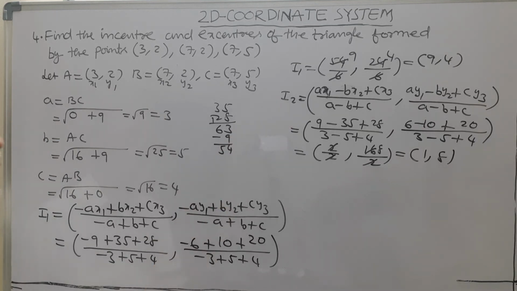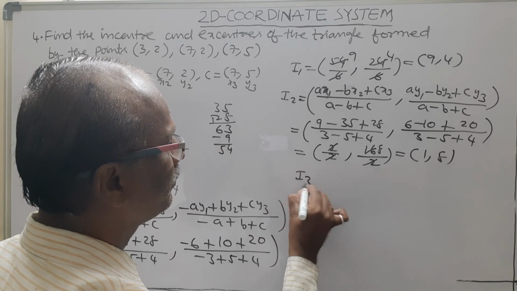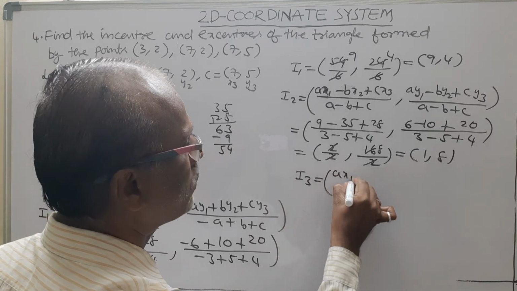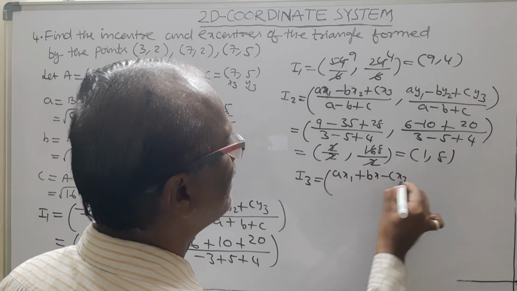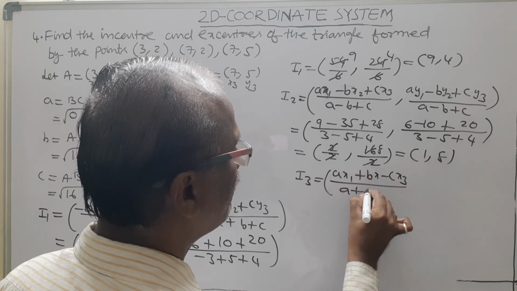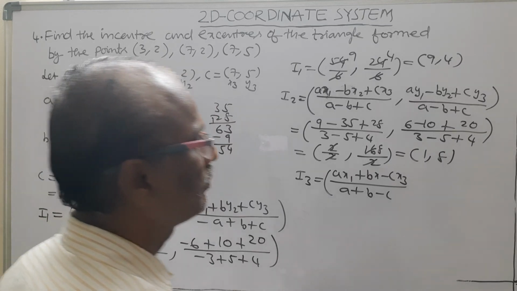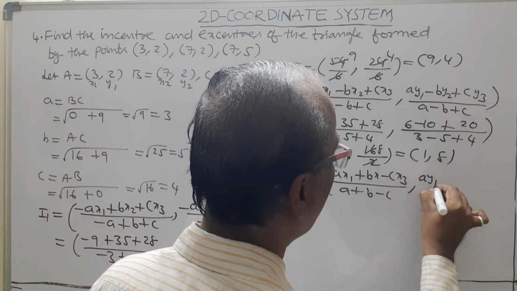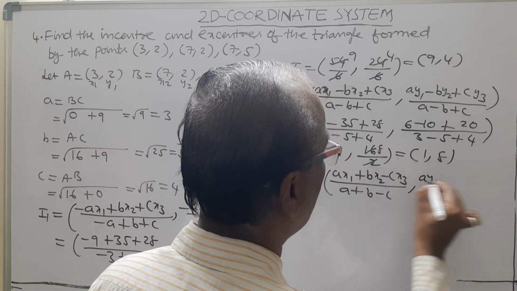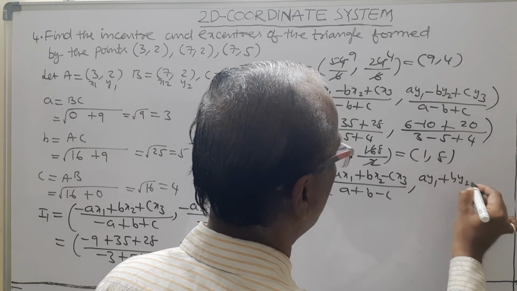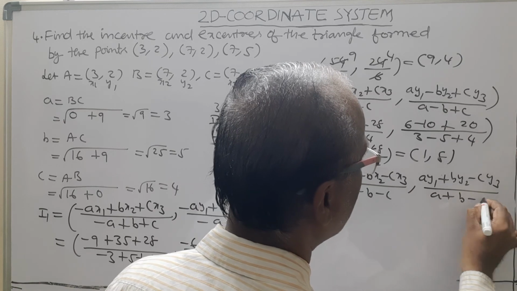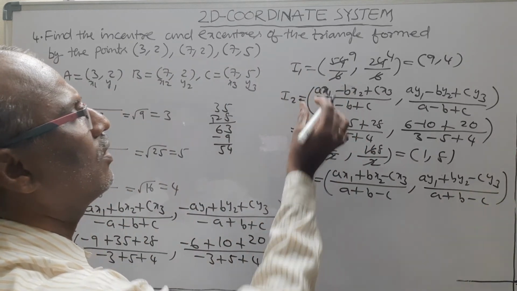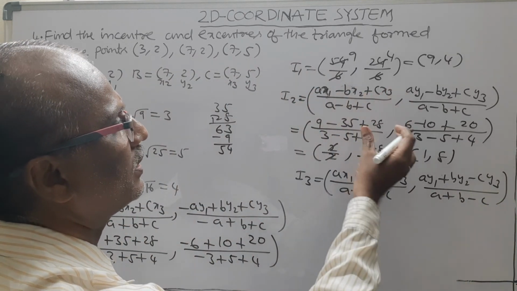Next, to find excenter I3. The formula is (ax1 plus bx2 minus cx3) by (a plus b minus c), comma, (ay1 plus by2 minus cy3) by (a plus b minus c). Already the multiplication of ax1, bx2, cx3.